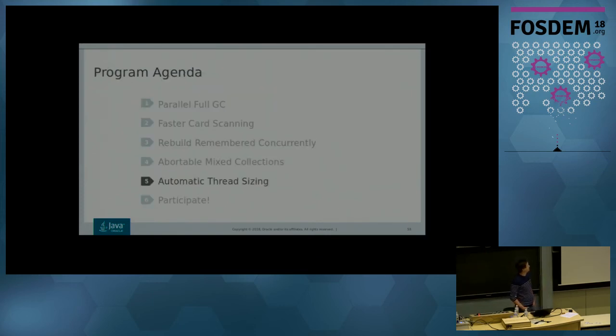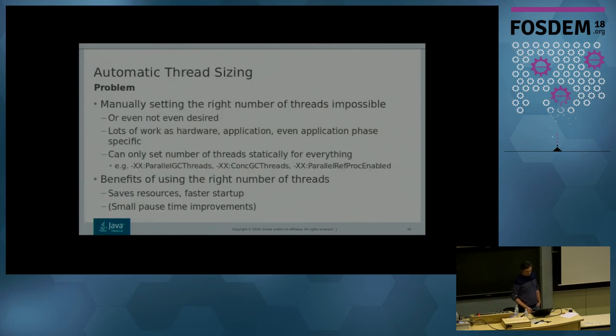And on to the last of the changes I want to discuss today, and that's automatic thread sizing. So one problem of G1 and basically all of the collectors is that manually setting the number of threads correctly is impossible, and in many cases not even desired. I mean, if you want to run your tiny installer on a machine with 2,000 threads, you don't want that installer to launch 1,500 threads.